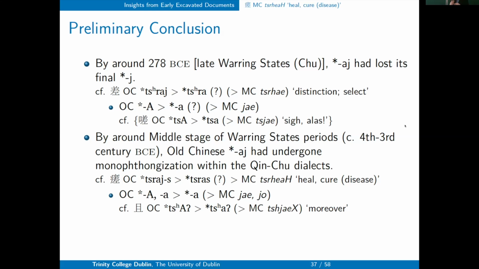And now we can push back the time a little earlier. So by around the middle stage of the Warring States period, which is around the 4th to 3rd century BCE, Old Chinese I had undergone the monophthongization within the Qing dialects, as reflected by the case of chai.